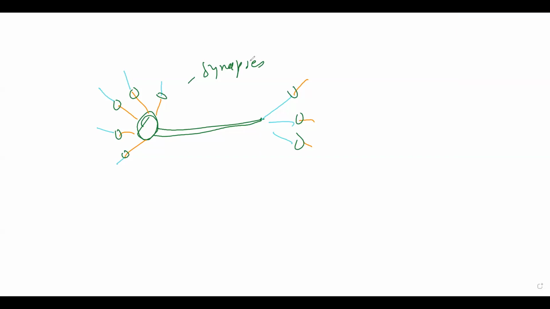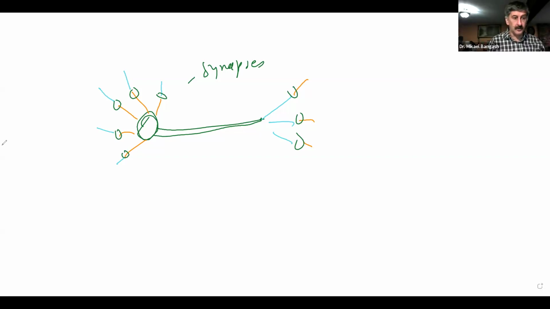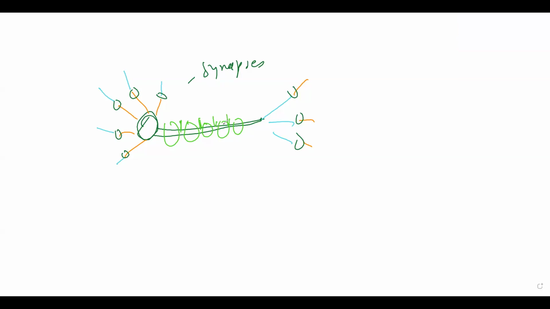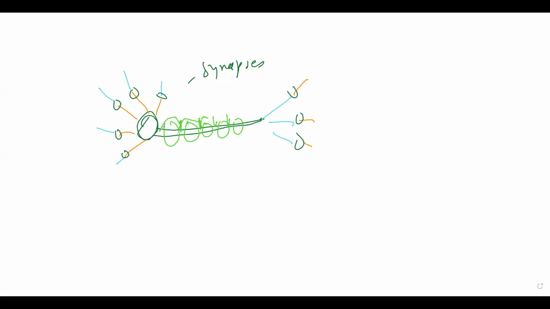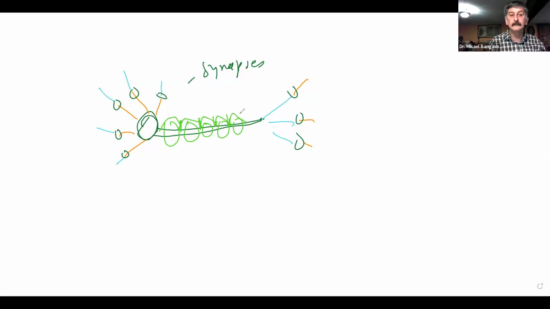Yeah, so when they synapse, I know it jumps through the nodes of Ranvier. No, your nodes of Ranvier are going to be here. You are totally lost here. These areas here, that's going to be the nodes of Ranvier. And those are on the axon that they go across. Exactly. At this point, the signal will jump here like this.